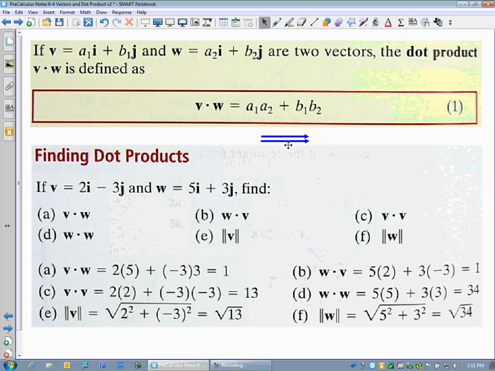If you're comparing it with itself, of course it's in the same direction, which means it's just multiplying the two magnitudes together. So v dot v is simply going to be the magnitude of v times the magnitude of v, which is the magnitude of v squared. So the magnitude of v is square root of 13, square it, you get 13. That should make sense to you geometrically.